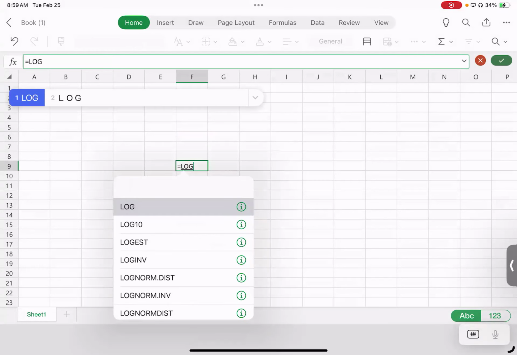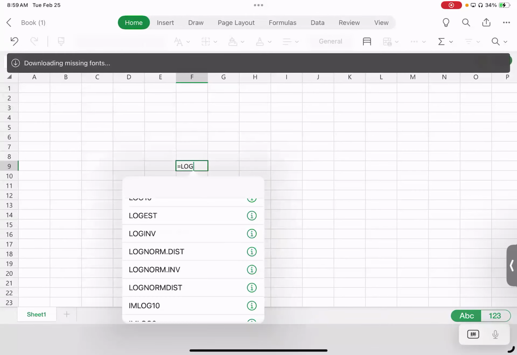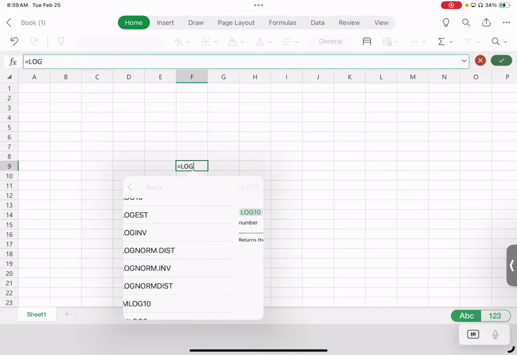And if you see log, it will pop up two different ones. One is log, and this one you can specify your base. Another one is log10, where the base is already specified as 10. So we are using log only, okay? You can check what log means, right?